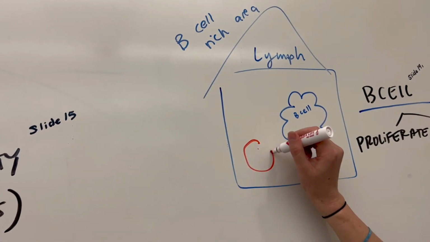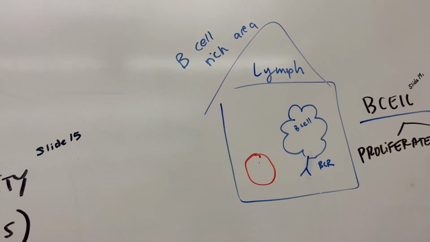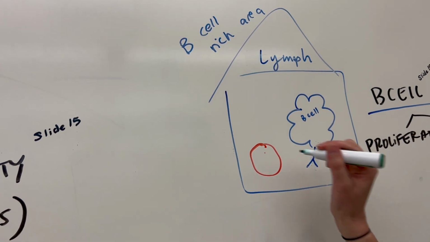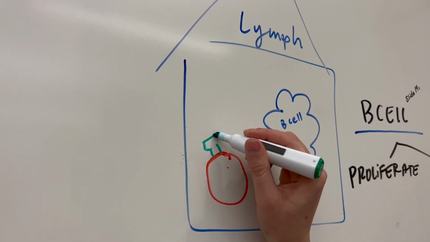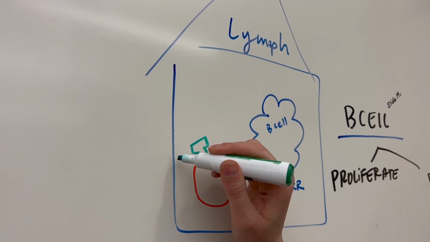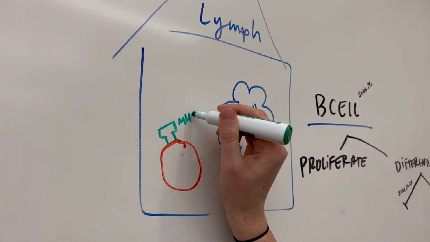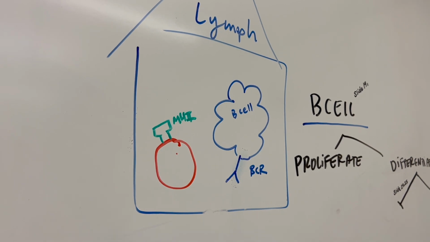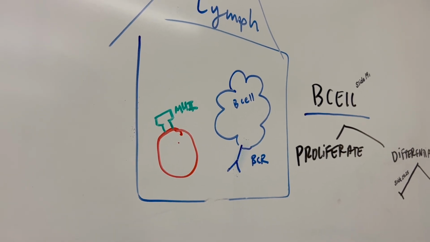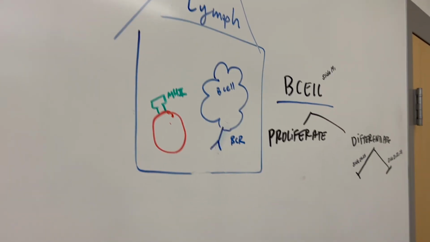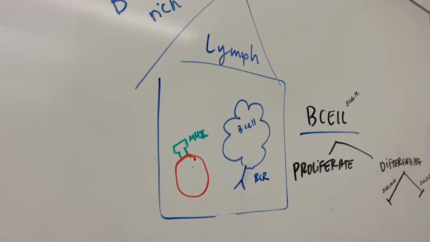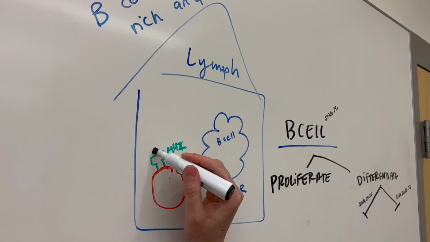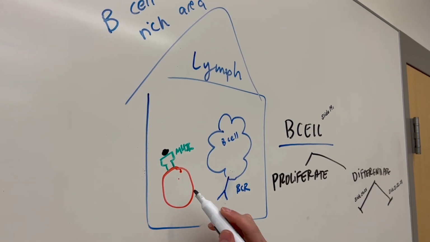So we've got our macrophage, and then he's got his, we're really trying to drill this into your heads, so take note of that, this is MHC2, and then we have some antigen, which at the moment we're going to represent with a different color. Black. And this is antigen from a bacteria.